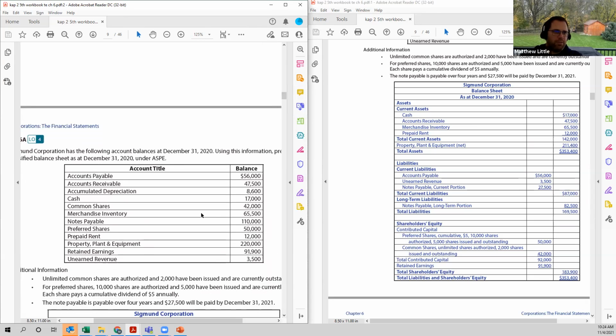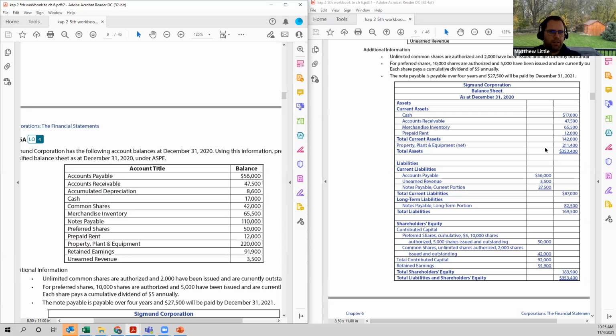So first of all, we need to split between assets and liabilities, and then also between current and long-term. So we have a list of items, and we're also told additional information at the bottom. So hopefully the asset side is pretty straightforward. We've got cash, we've got accounts receivable, we have some inventory and prepaid rent, no prepaid insurance or anything.